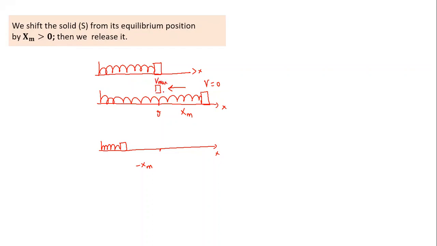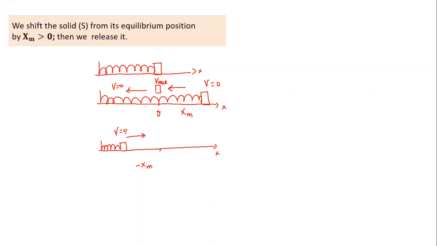V is maximum. And once again, the object will continue its motion to the left, but we'll notice that the speed will decrease from a maximum value to V equal to 0, but will decrease in the negative direction. Then another time, when it's maximum compressed, the object will continue its motion in this direction.